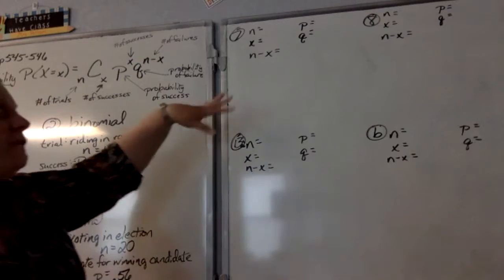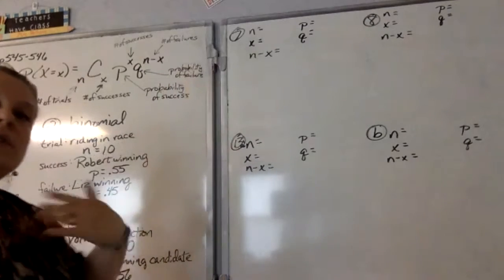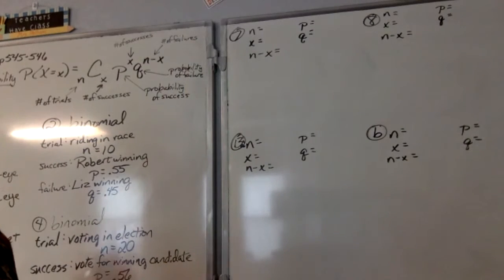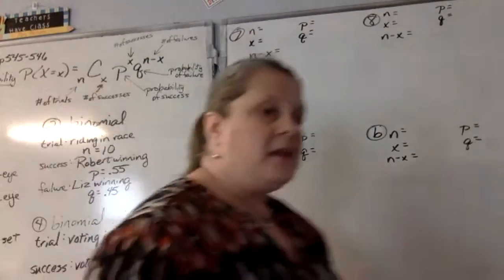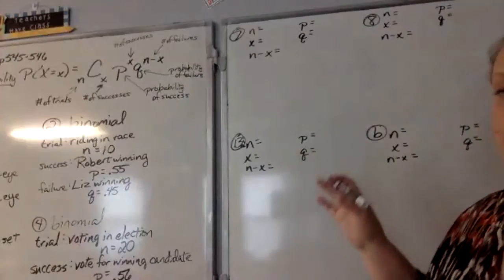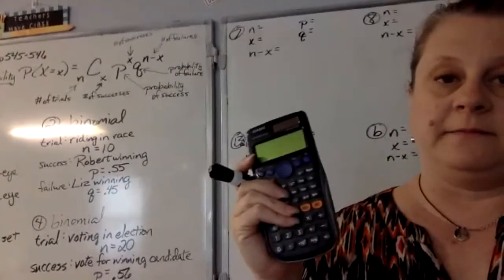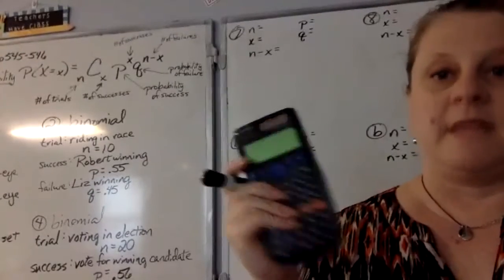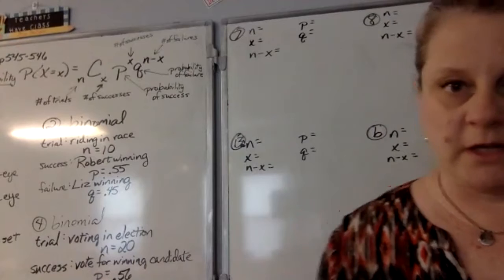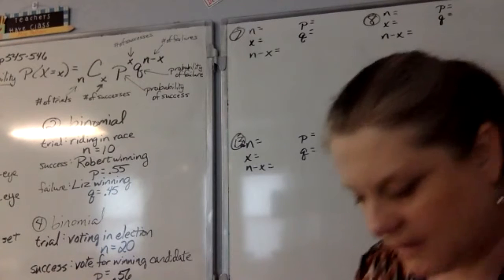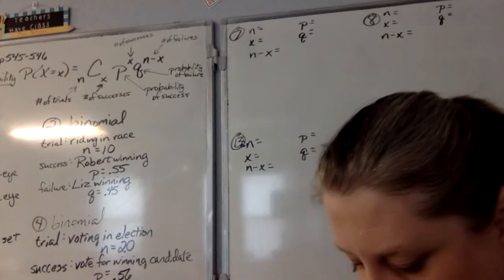We need to identify all this stuff so that when we go to plug it in the formula, we plug stuff into the right spot so we can simplify it. Now, as you can tell from looking at this, you're probably going to want your calculator to work these out. Yeah, so if you've got one, make sure you got it handy. Okay, I got to turn my page.